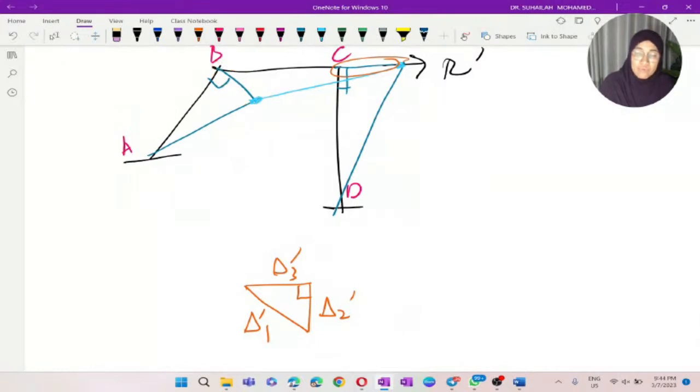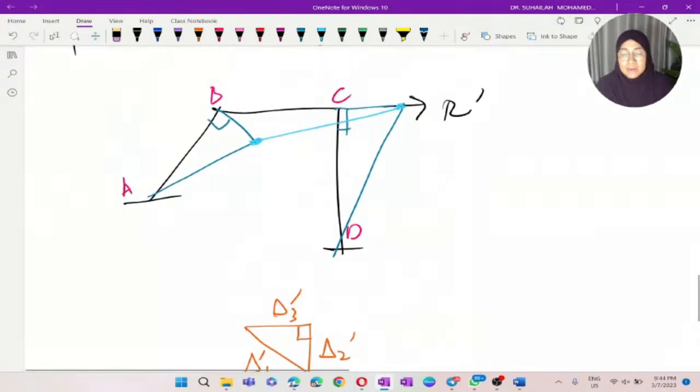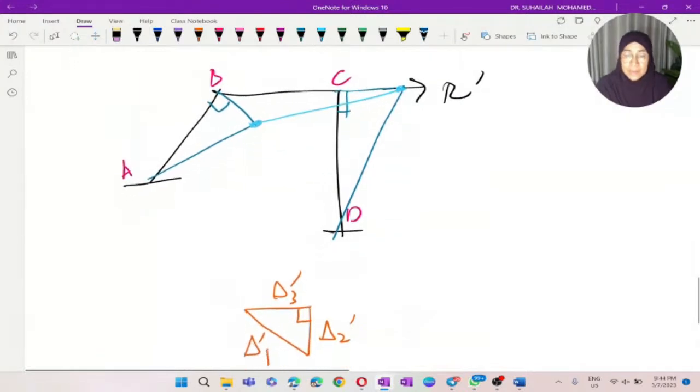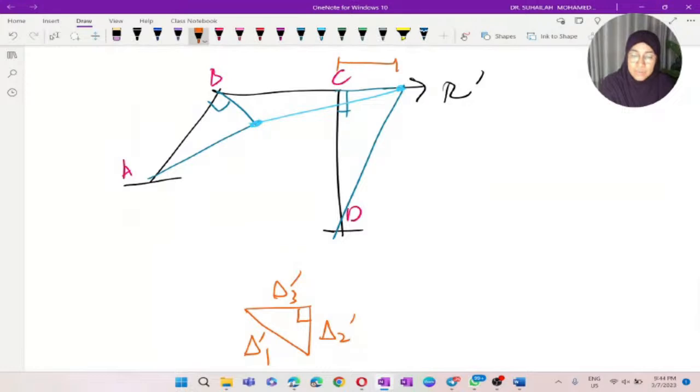So we have to find where this triangle is inside the diagram. This one is also equivalent to this, and then the vertical displacement is like this. So it shows that this triangle is located here.